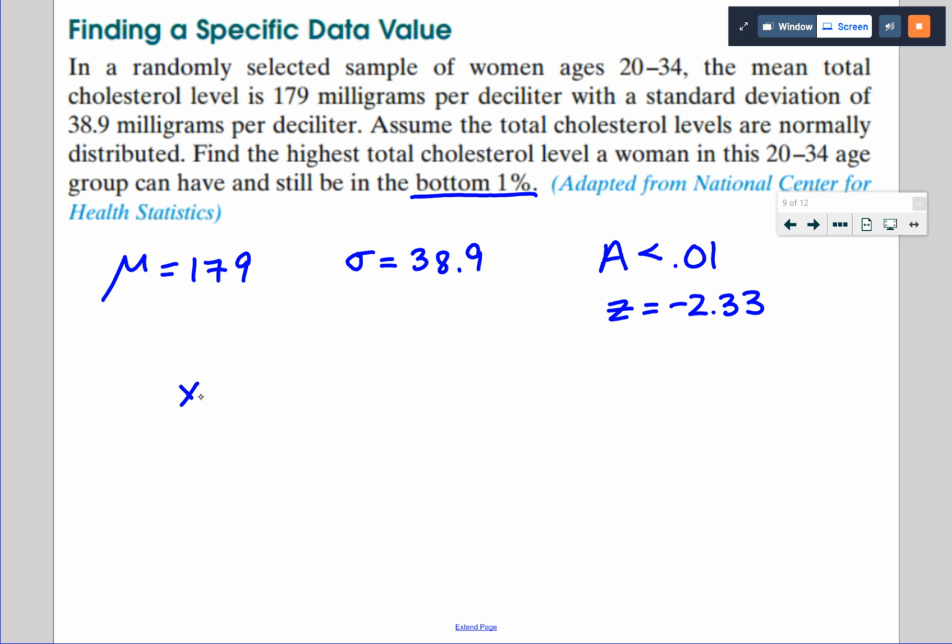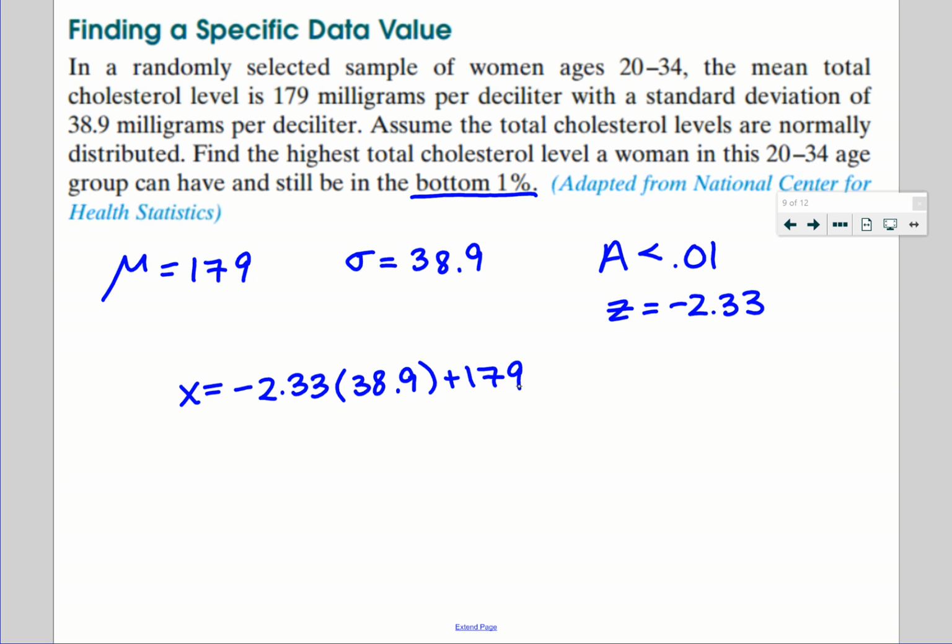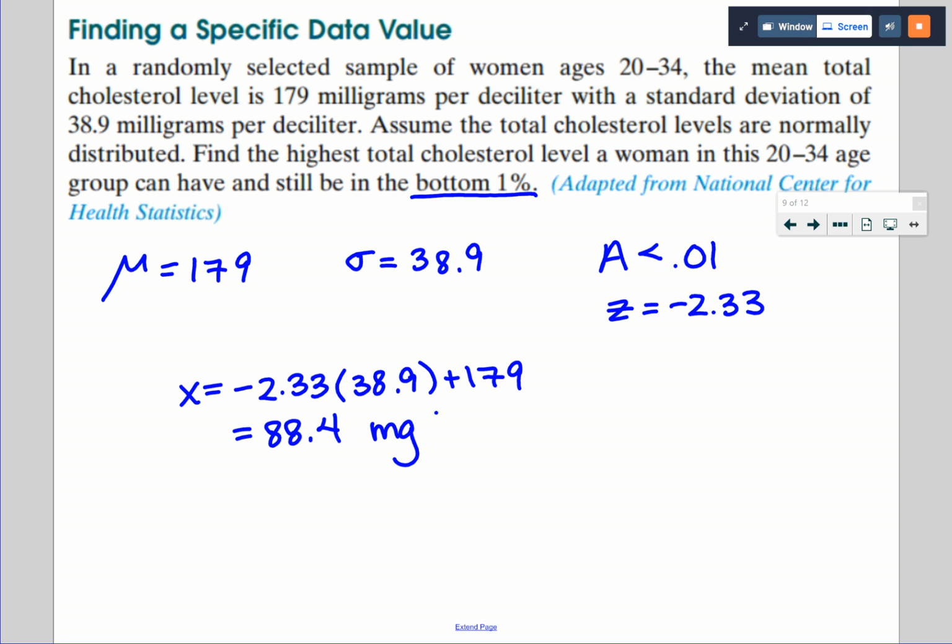Converted to an x value: z times standard deviation plus my mean. And I get about 88.4. And what was this? Milligrams per deciliter. Okay.